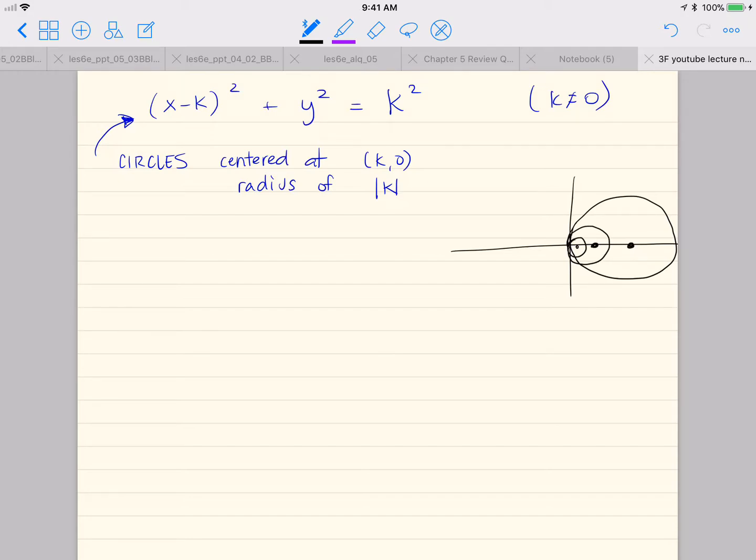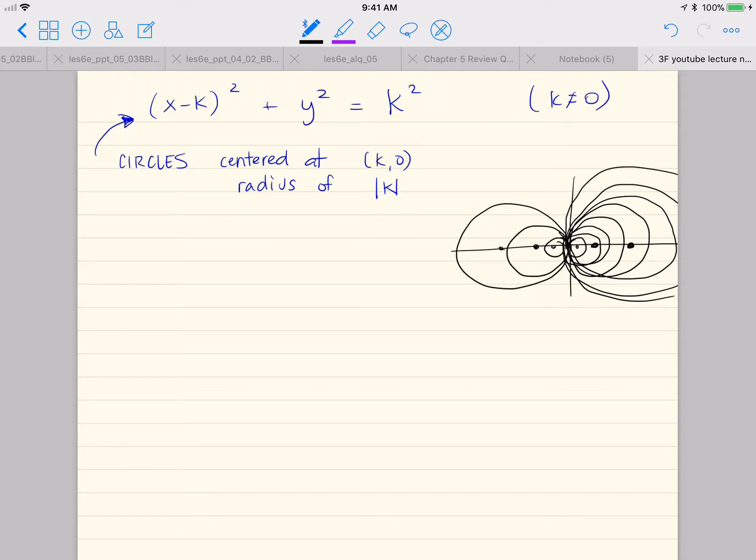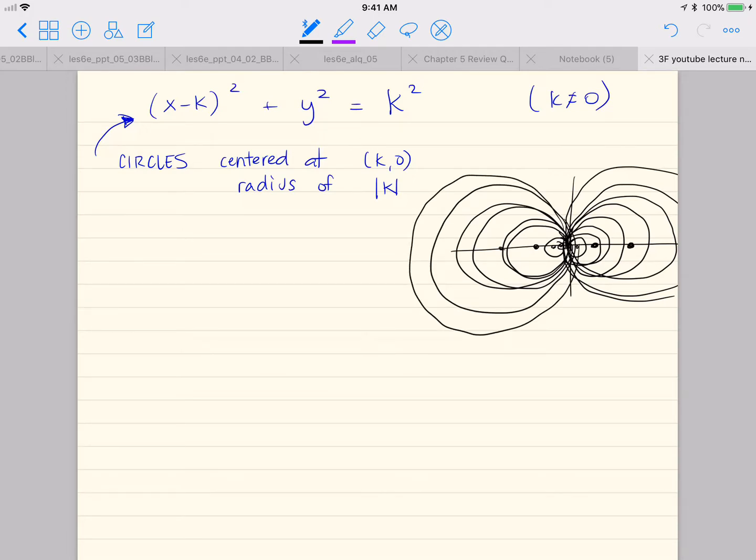So we have all these circles that are tangent to the y-axis. As you move the center closer in, the radius gets smaller. So it's kind of like bug eyes. So you've got to find the differential equation satisfied by all of these circles.